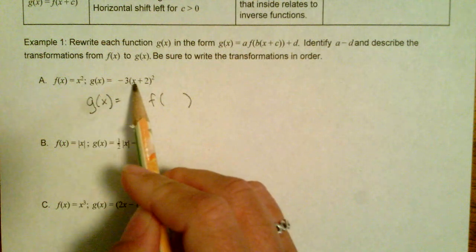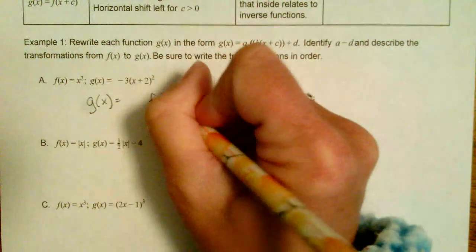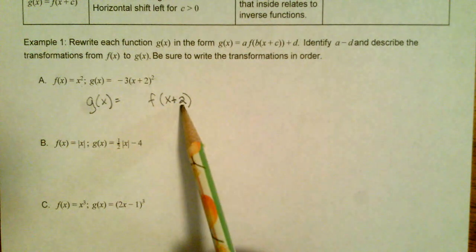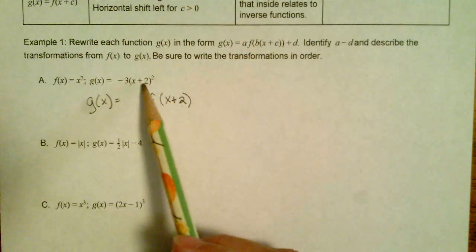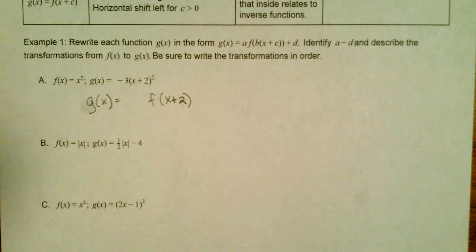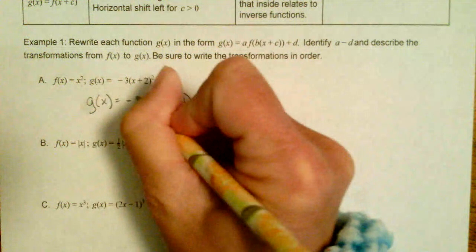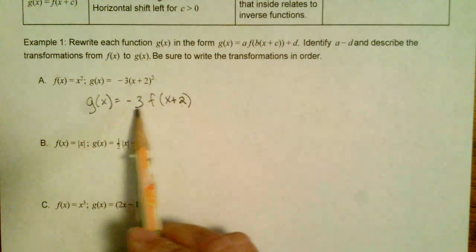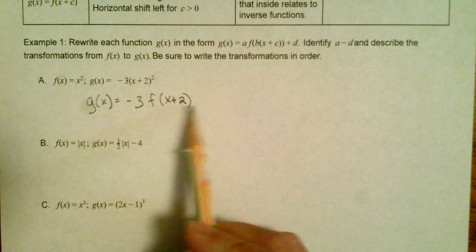So this is f of x plus 2. So that means my squared can go away because f of x plus 2 would be x plus 2 squared. And I can put a negative 3 in front. So g of x is negative 3 times f of x plus 2.